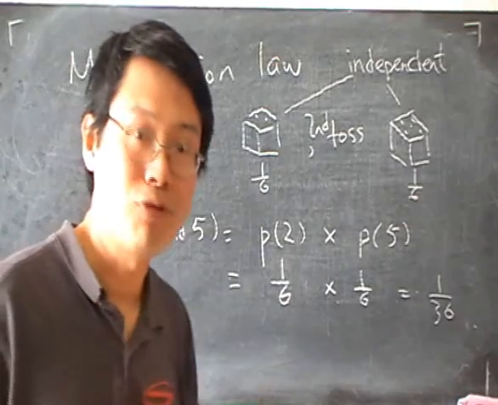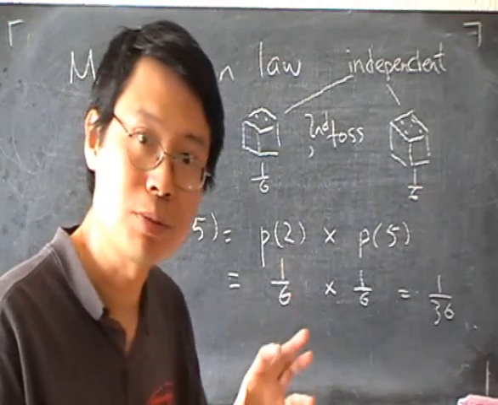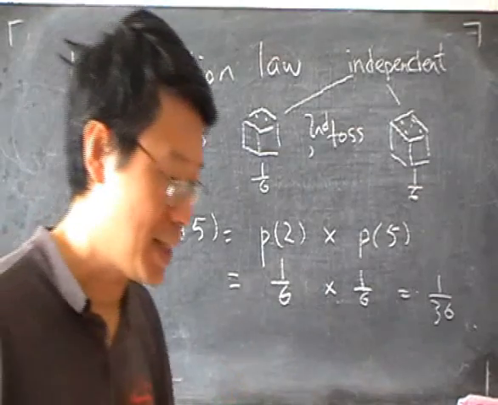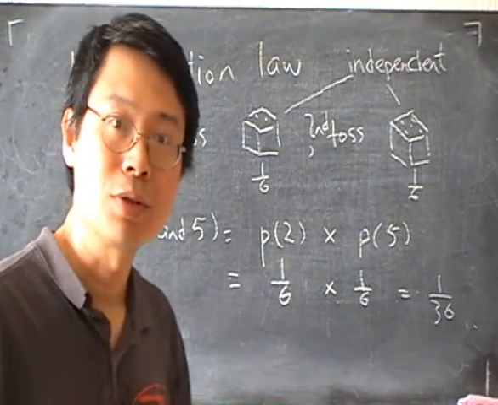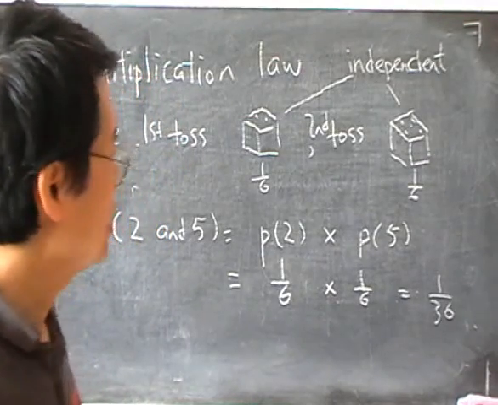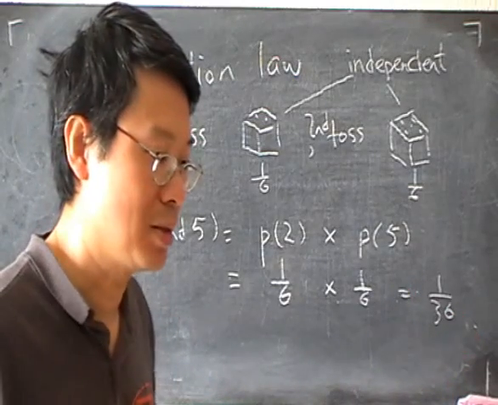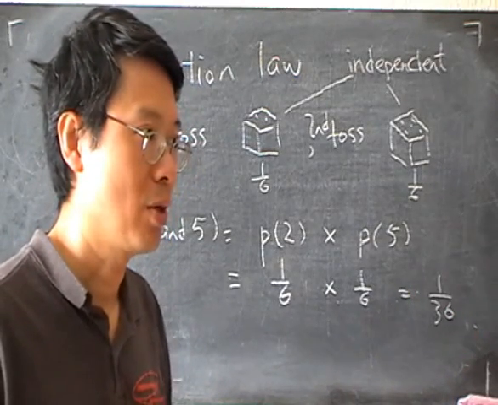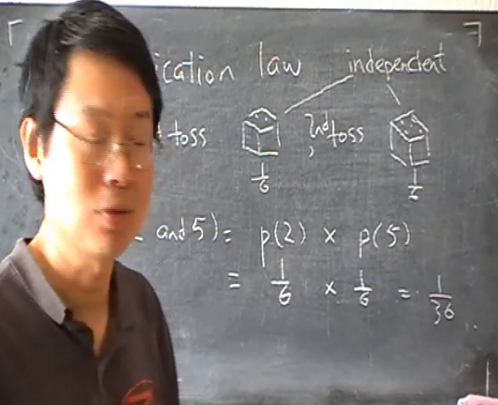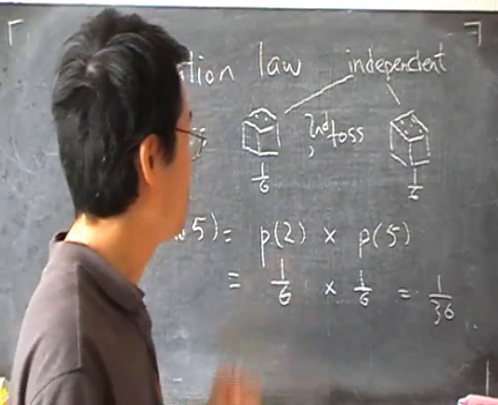So that is going to affect the outcome of the second toss, because the shape of the die has changed. If you toss the second die, your answer would not be the same as if you toss a good die. So in this case, the two events would not be independent. And of course, if we're talking about the die chipping or breaking up, things get complicated. So we won't go into that.